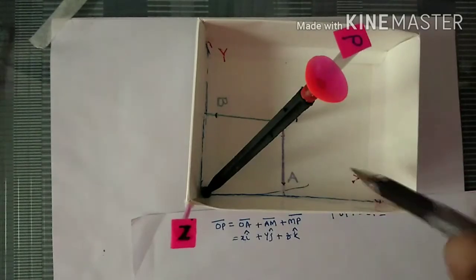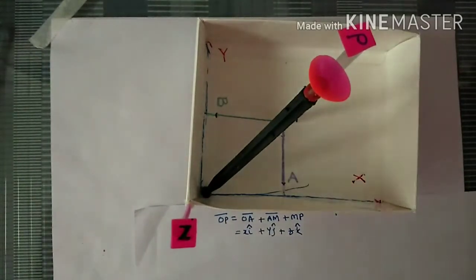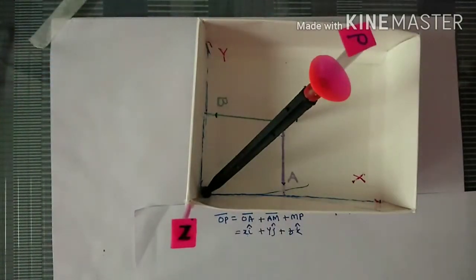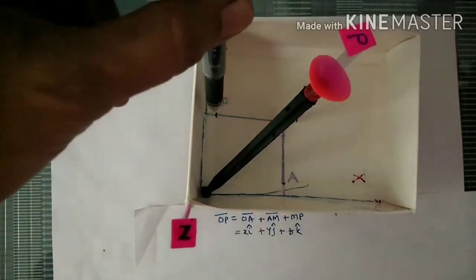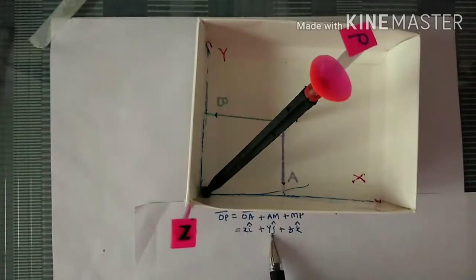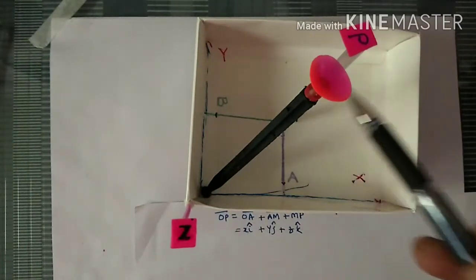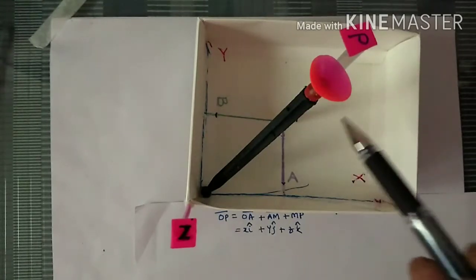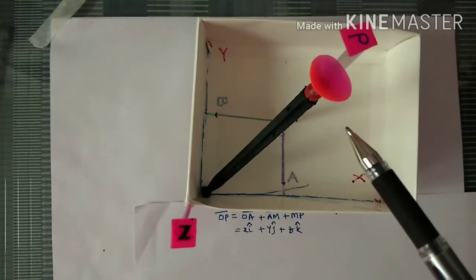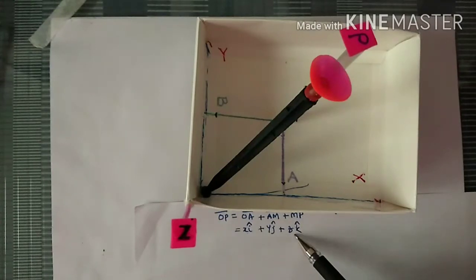So OA bar is x i cap. AM bar is parallel to the y axis. Along the y axis we have j cap, and B is 0, y, 0. So AM bar is y j cap. Now MP bar is parallel to the z axis. So MP bar is z k cap. Why? Because the length of PM is z.